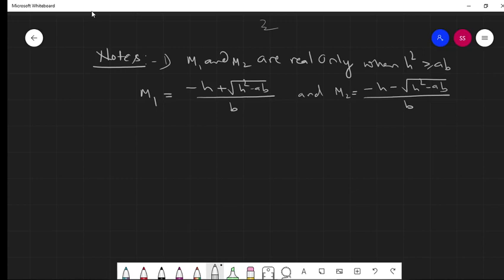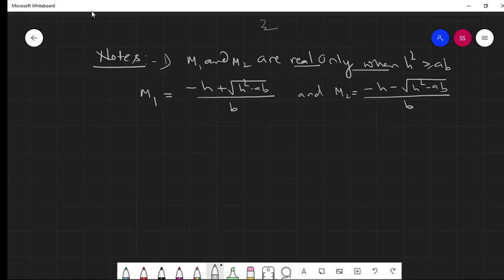So m1 and m2 are real only when h square is greater or equal than ab. The value within a radical sign may be 0 or positive when h square is greater or equal than ab. So we'll get real roots only when h square is greater or equal than ab.